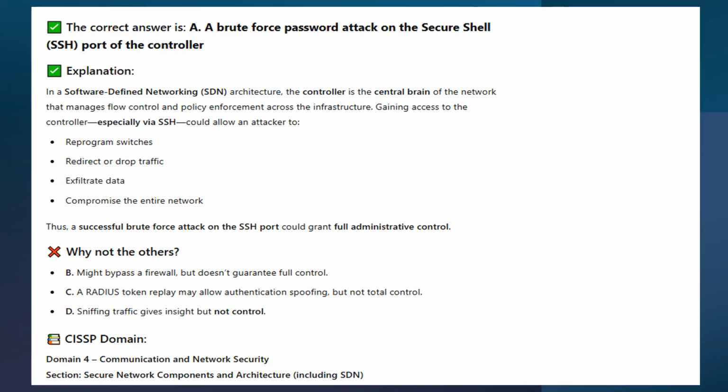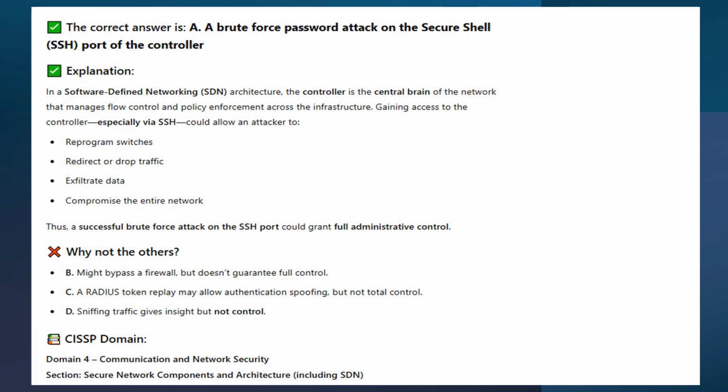The correct answer here is A, a brute force password attack on the secure shell or SSH port of the controller. In a software-defined networking or SDN architecture, the controller is the central brain of the network that manages flow control and policy enforcement across the infrastructure.